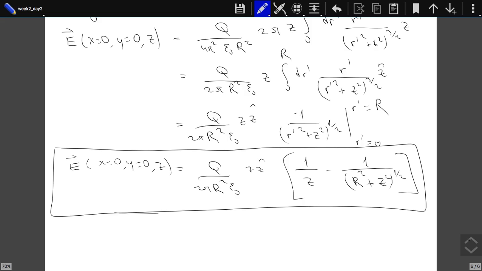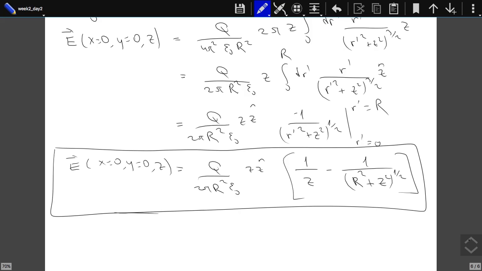So basically this piece over here has the units of the electric field. What remains should not have any unit. Well, this has the units of 1 over distance, but it is multiplied with something that has the units of distance. So essentially z times this is unitless, so the units match. There's no problem with the units.